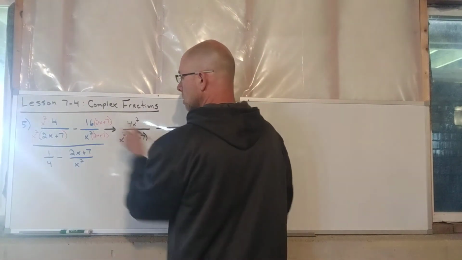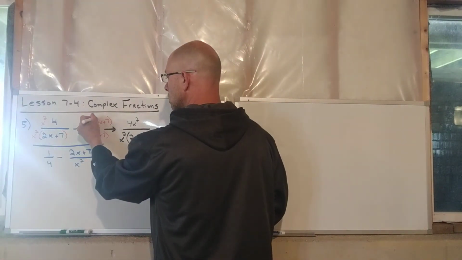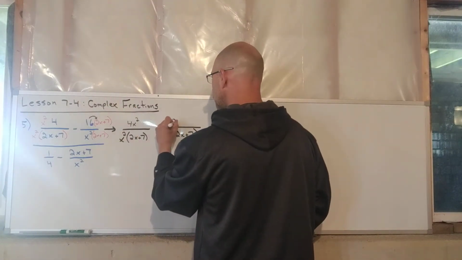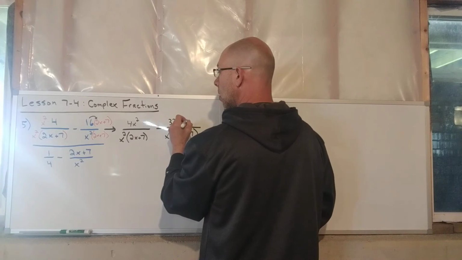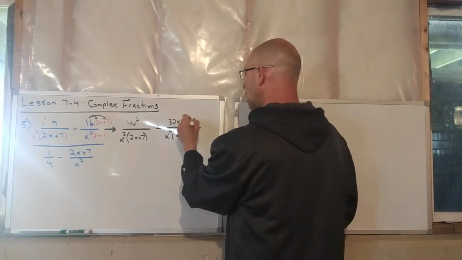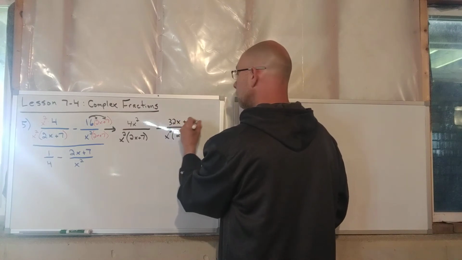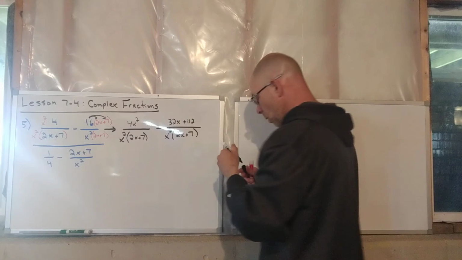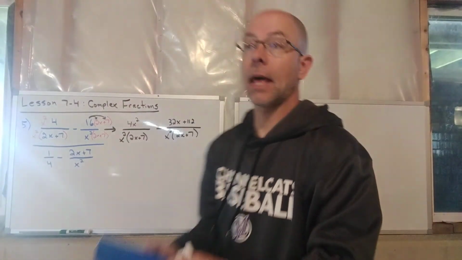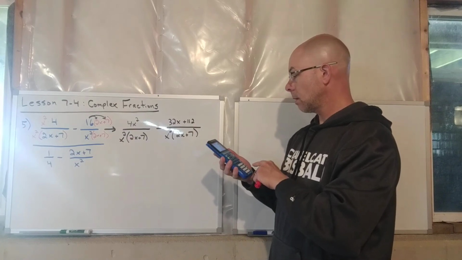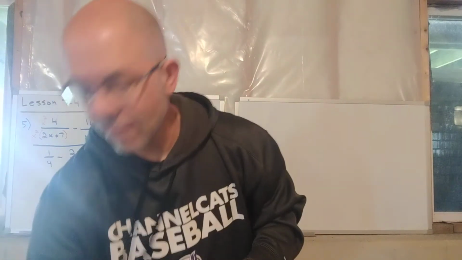So 16 times that times 2 is 32x. And then 16 times that, let's see, 112? I better check that. 16 times 7, 112. All right, haven't lost it totally.